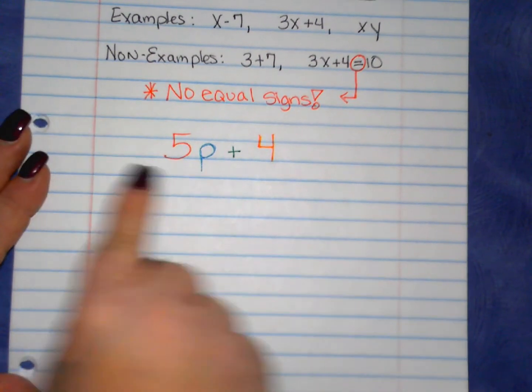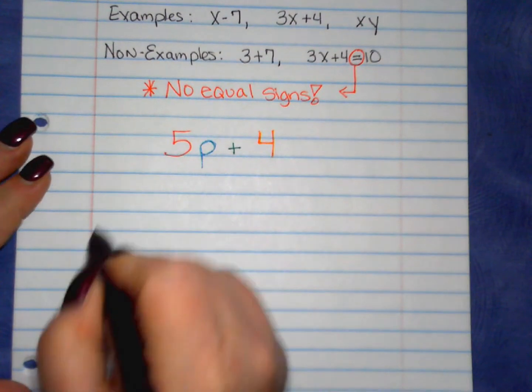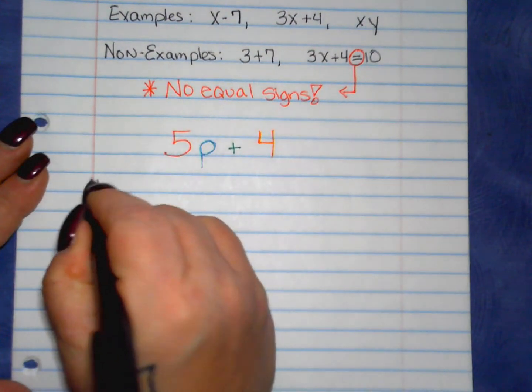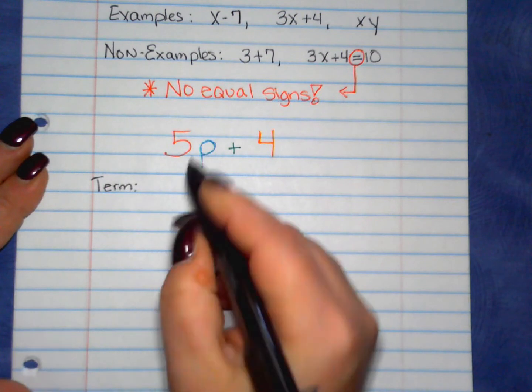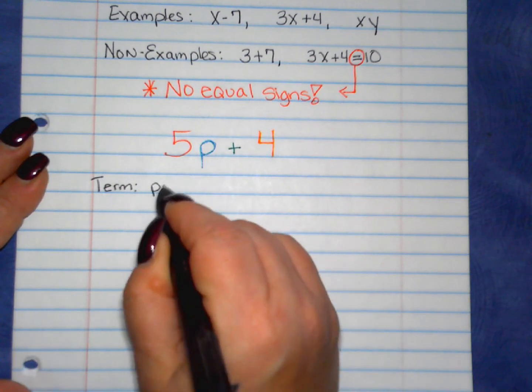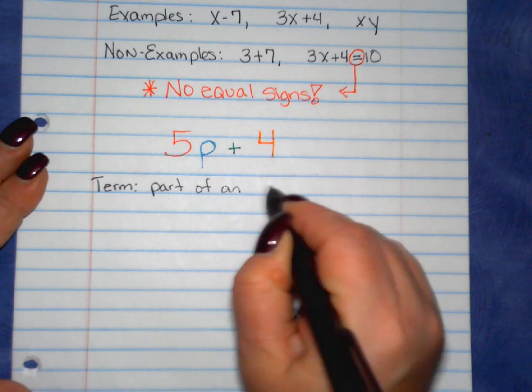And so now I'm going to show you the different parts of the expression. So this is an example expression. And the first part is called a term. And a term is part of an expression.